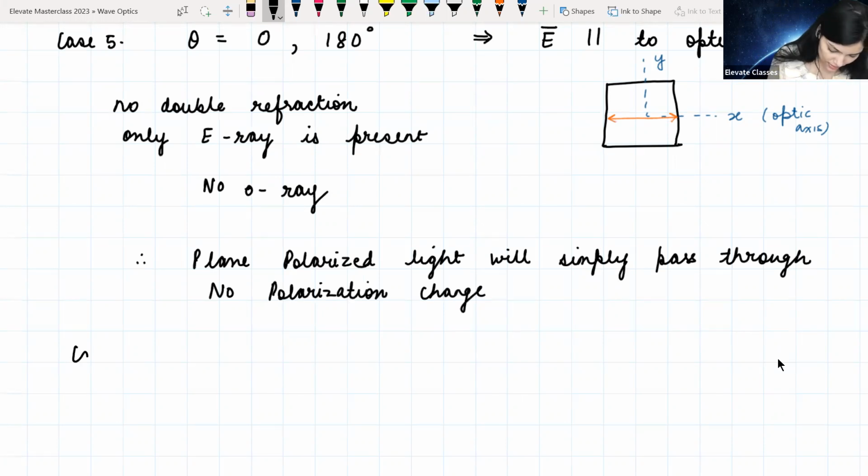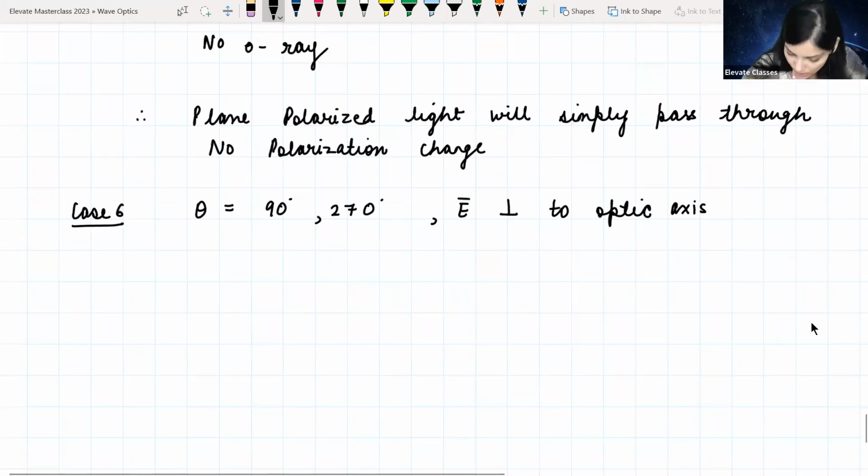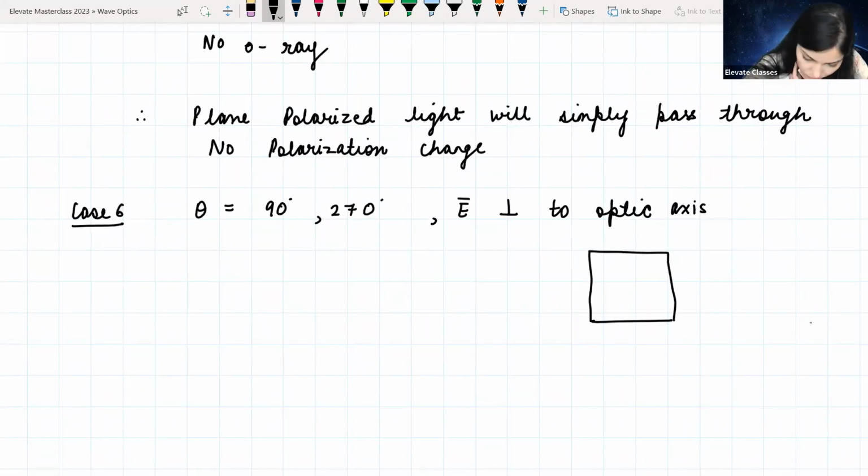Okay. So now let us consider case number 6. So case number 6 हो सकता है when this theta is actually equal to 90 degree or 270 degree. That is, the E field is actually perpendicular to optic axis. So now this is my crystal. And this is my electric field.